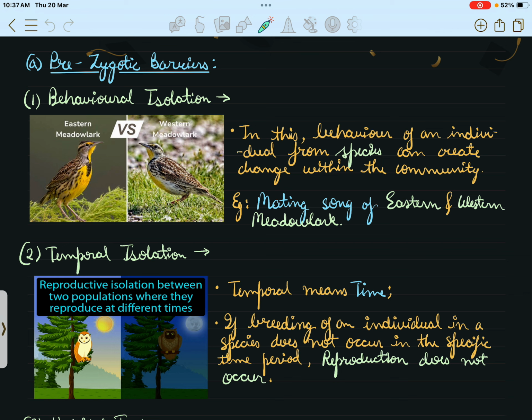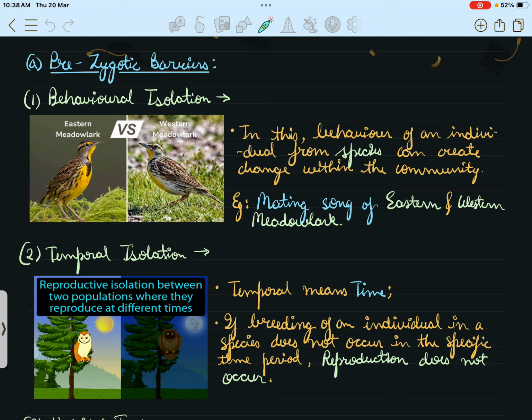So we can take an example of western meadowlark and eastern meadowlark. सो वेस्टर्न मेडलार्क एंड ईस्टर्न मेडलार्क का डिफरेंस यहाँ पे ये इसलिए बोलते हैं बिकॉज the eastern meadowlark produces some kind of a sound which only attracts the other party of the eastern meadowlark, like एक ईस्टर्न मेडलार्क दूसरे ईस्टर्न मेडलार्क को ही अट्रैक्ट कर पाता है क्योंकि बिकॉज ऑफ प्रोडक्शन ऑफ अ मेटिंग साउंड फ्रॉम द इंडिविजुअल इटसेल्फ.